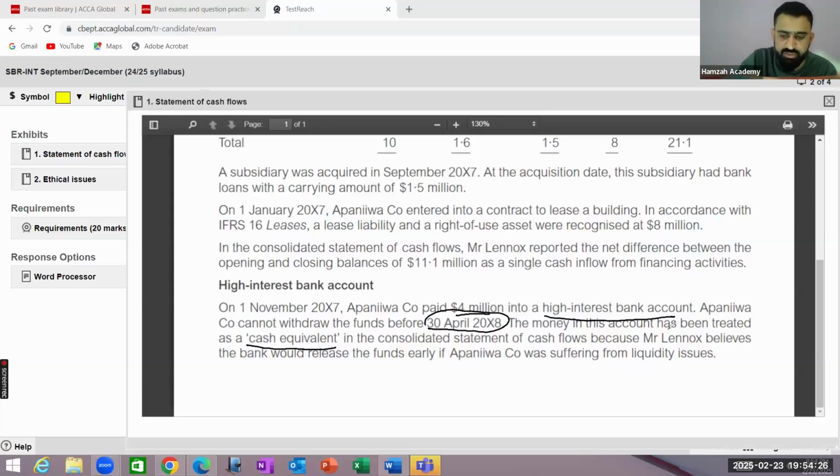Dear student, if you are familiar with the cash flow statement, there is operating activity, then there is investing activity, and then there is financing activity.